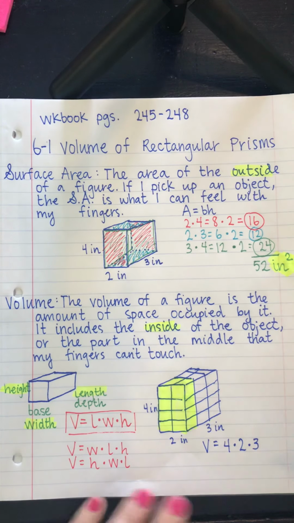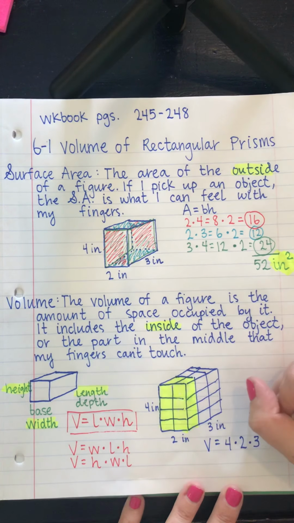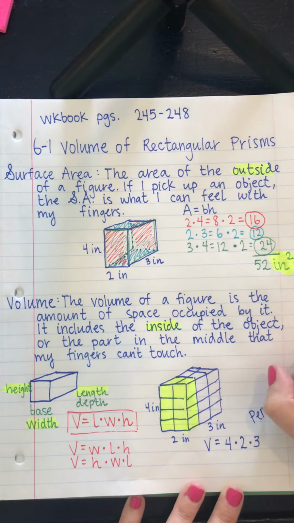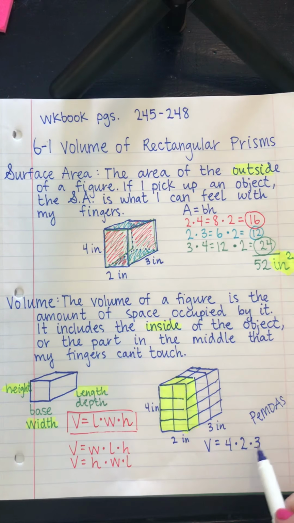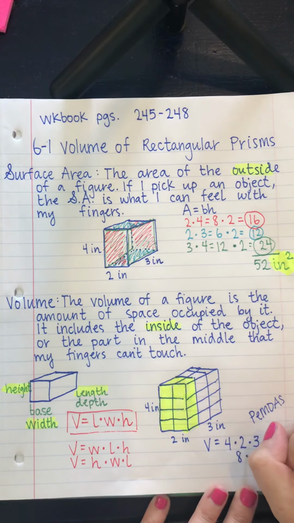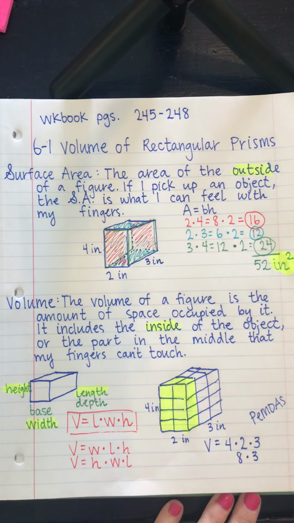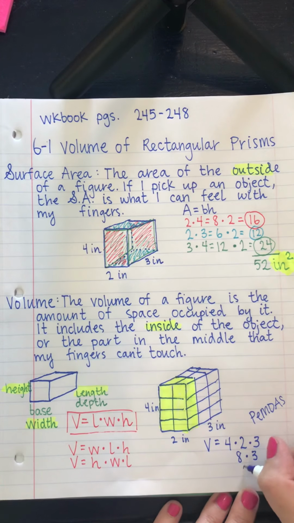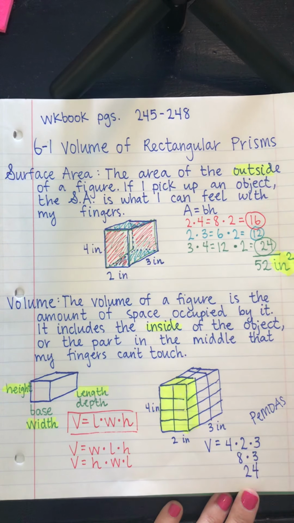And then just using PEMDAS, I have all multiplication, so I'll just move from left to right. 4 times 2 is 8 times 3. And 8 times 3 is 24. Okay, so here's our answer, 24.